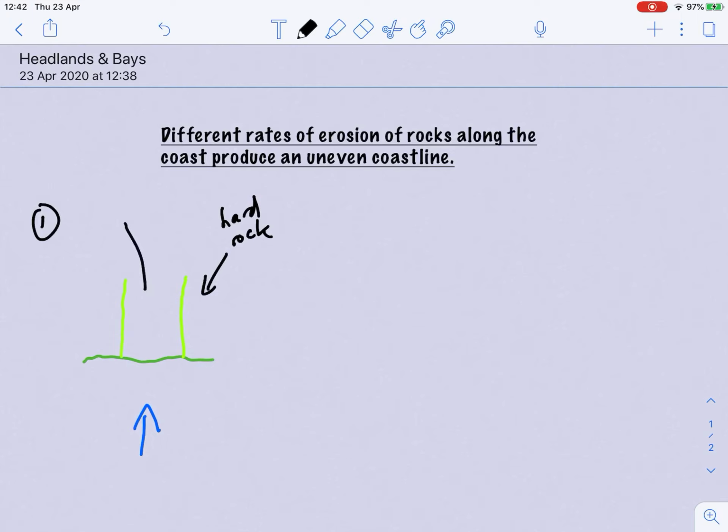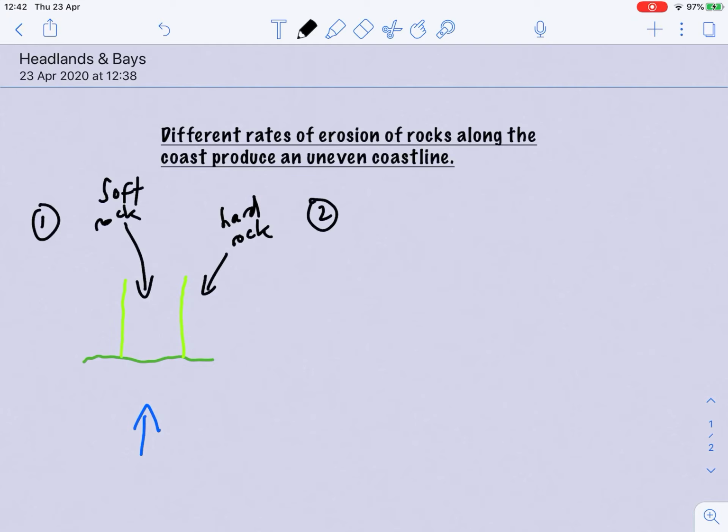Here in this section running along the coast is our softer rock. So this more commonly along the British Isles would be something like a sedimentary rock, a sandstone for example. So this is stage 1. We have waves coming in, hitting the coastline with equal force.